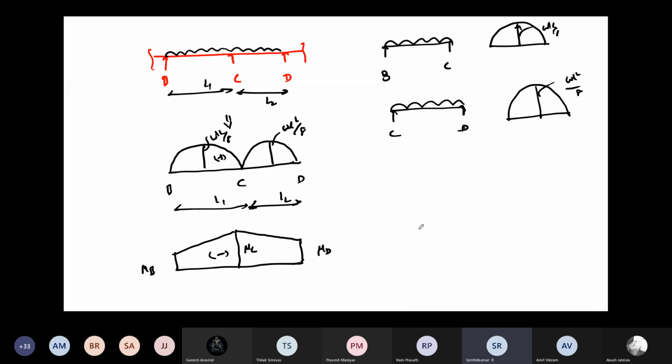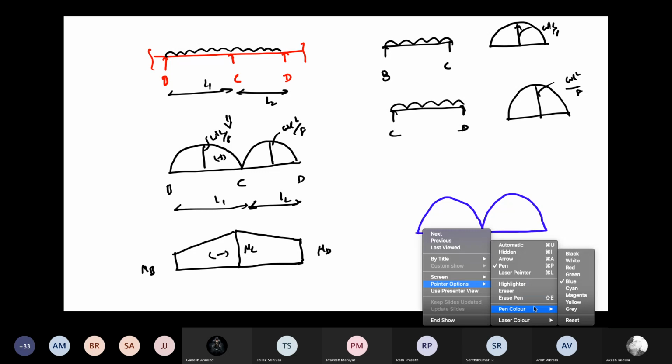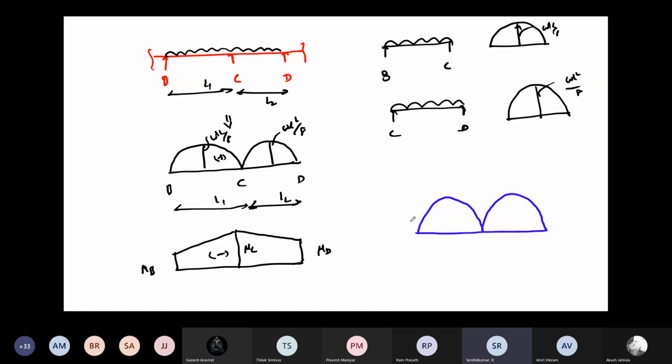Like that only we solved earlier. So this is your positive moment. This is your positive moment. And this is your negative moment. Right? This is the combined moment diagram for this beam.